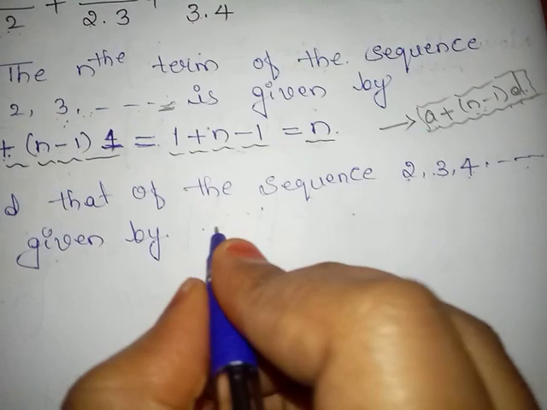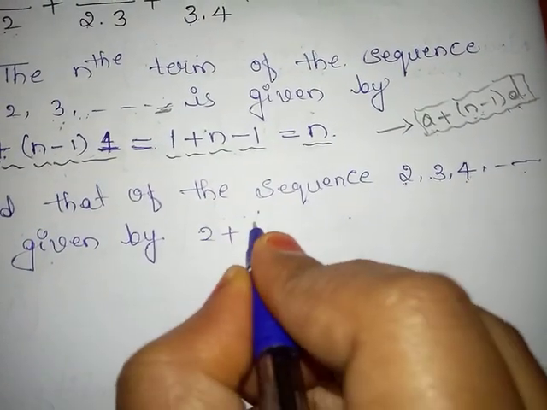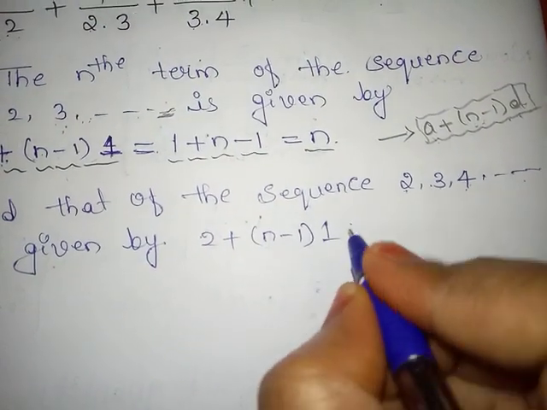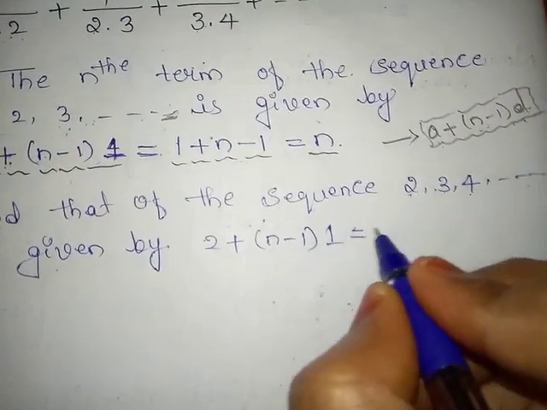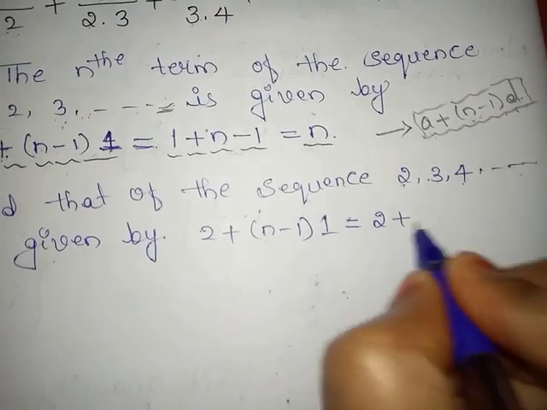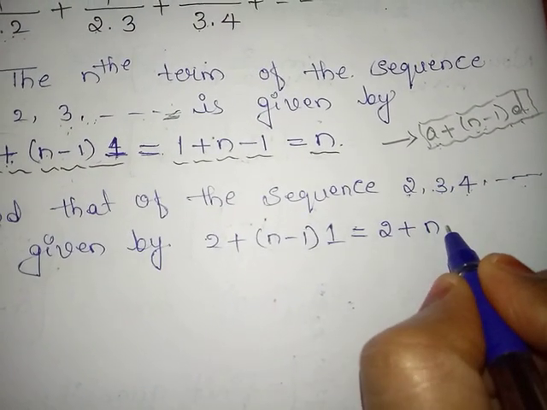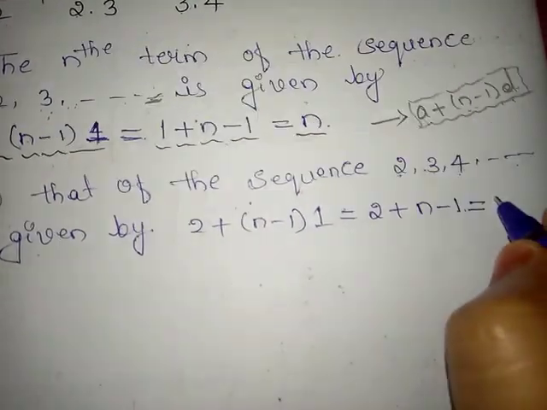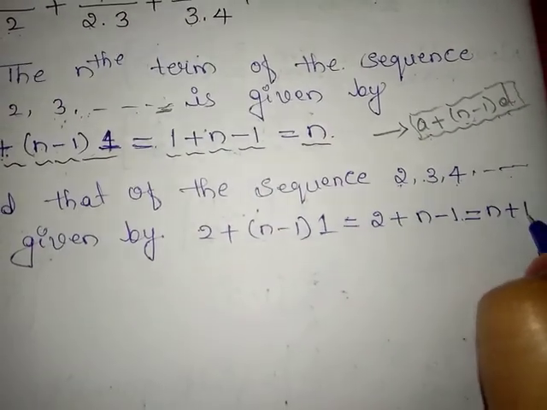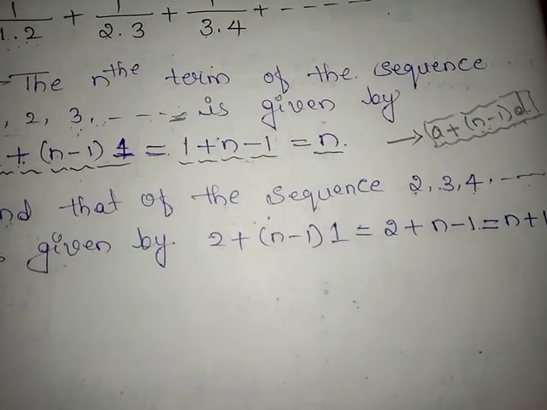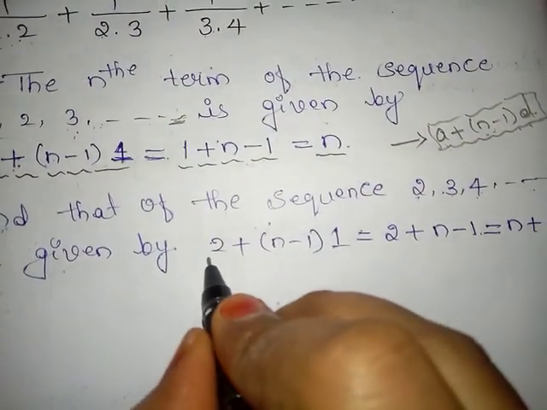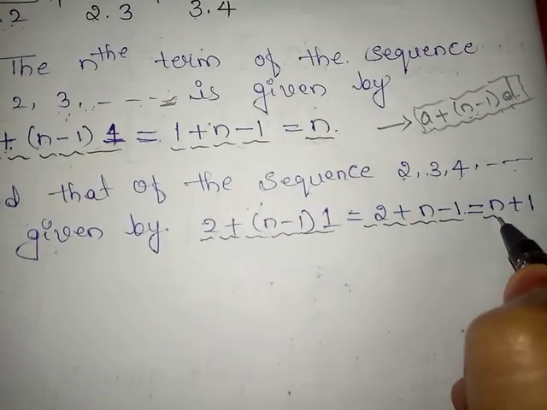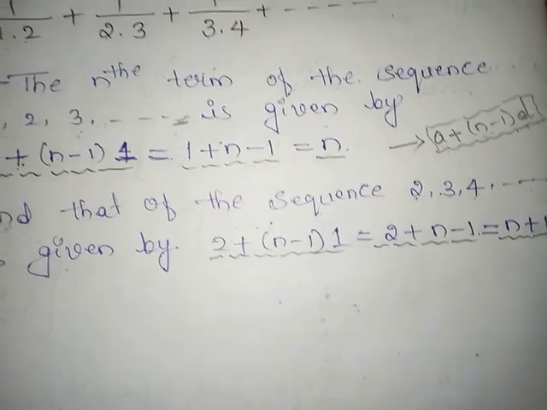It will be 2 plus n minus 1 into 1, a plus n minus 1 into d, which is equal to, when we solve this, 2 plus n minus 1, n plus 1. 1 plus n or n plus 1, both are same. Here also I will underline this step just to remind you.